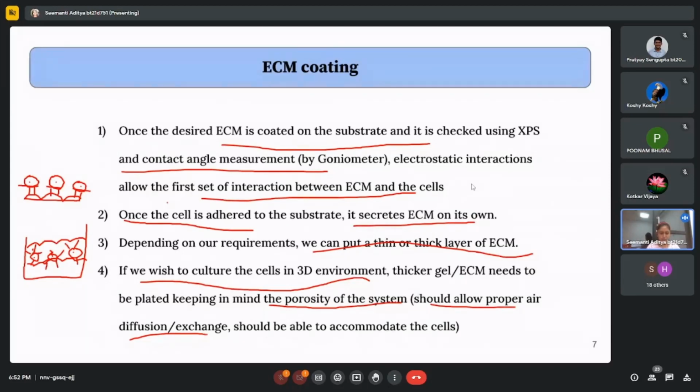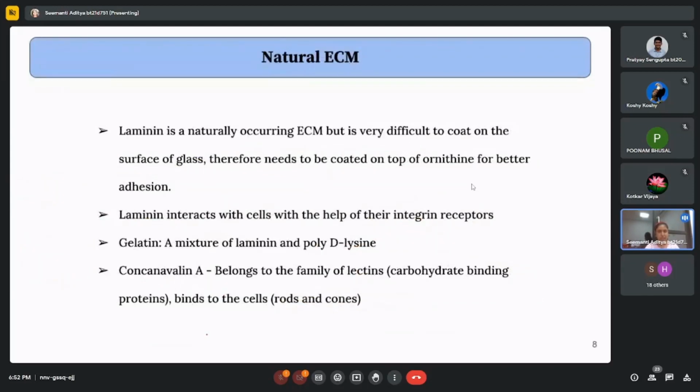Depending upon all these requirements, whether it is how porous it is, how much surface rigidity or roughness there is, and what chemicals are used, finally we coat with different kinds of ECM.